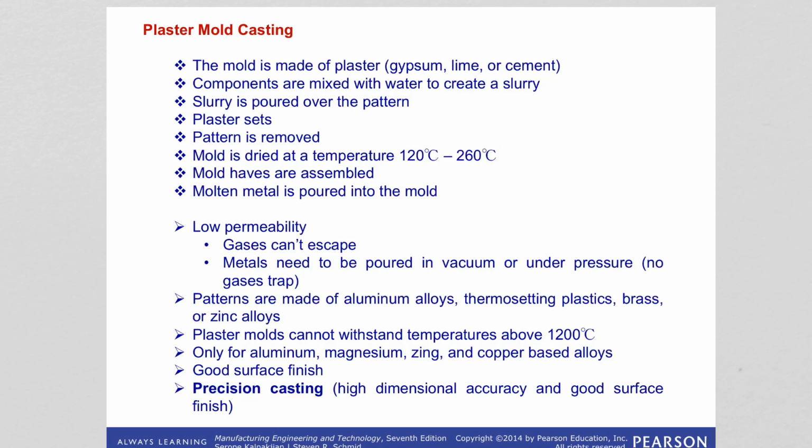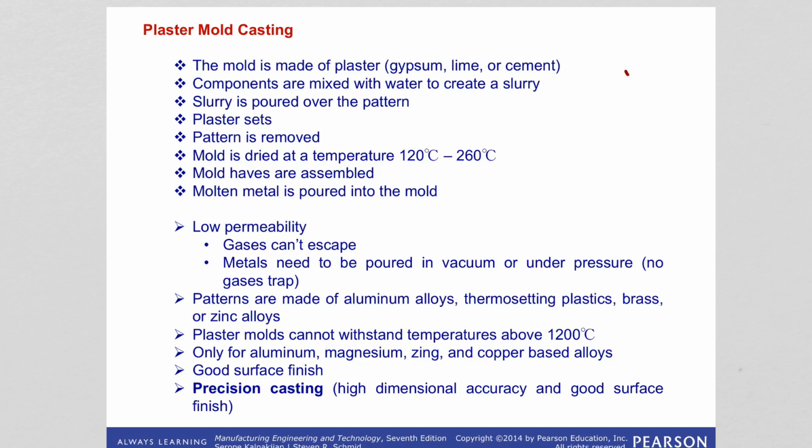Then we remove the pattern and we dry the mold at temperatures between 120 degrees C to 260 degrees C. Then we, of course, as we always do, assemble the mold halves, and then the molten metal is poured into the mold.